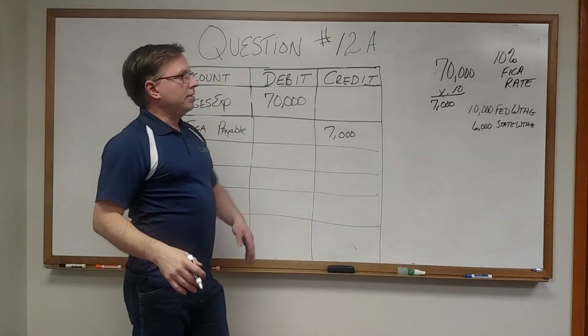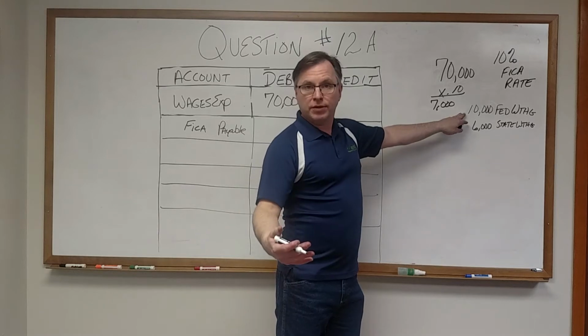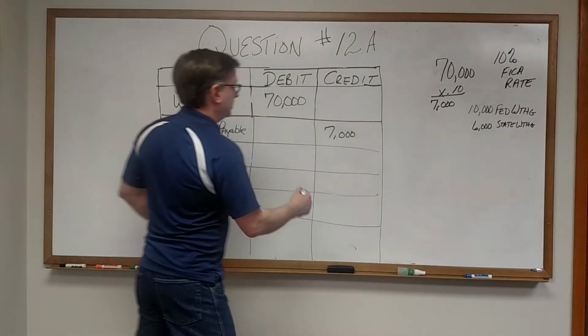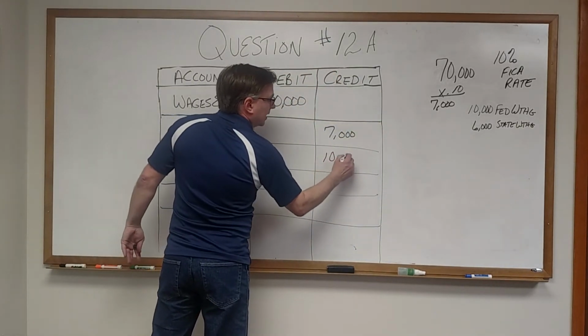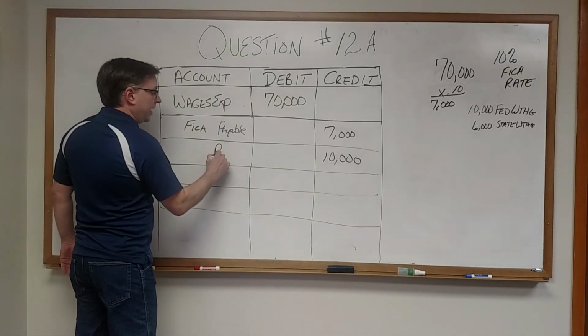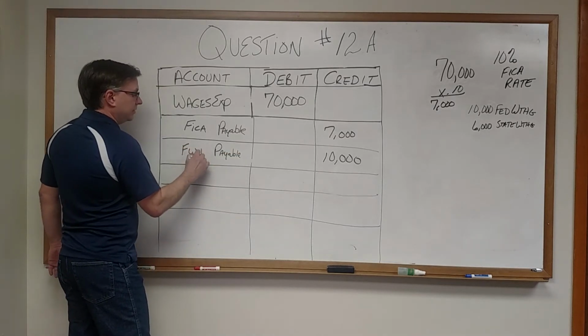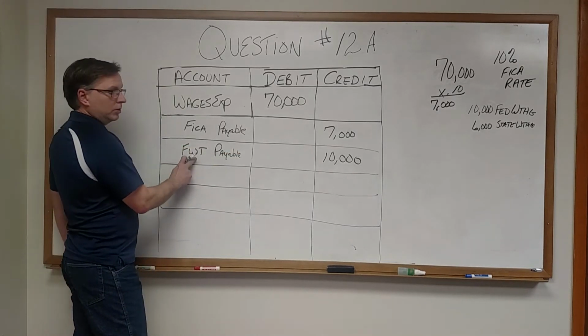Now we also see, based on the tables, we have to withhold $10,000 of federal withholding from the employees. So that $10,000 will also go to the federal government, so it's a payable to the federal government, and I just call that FWT for federal withholding.